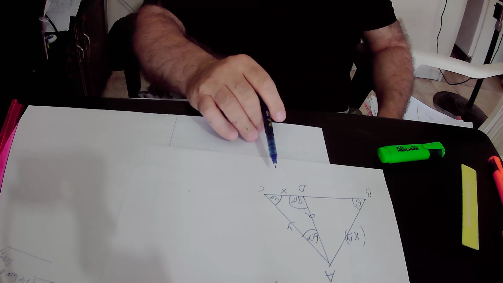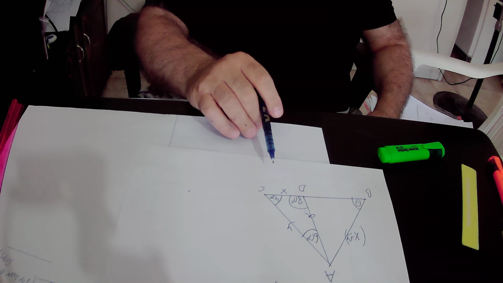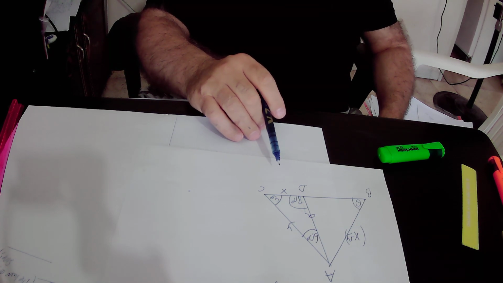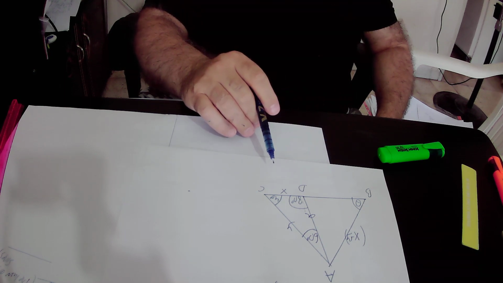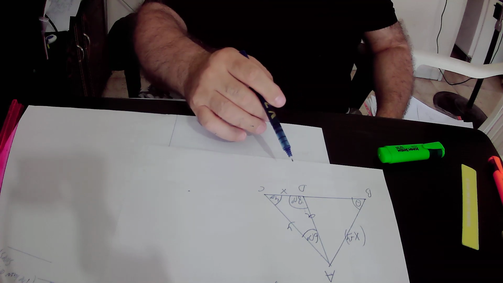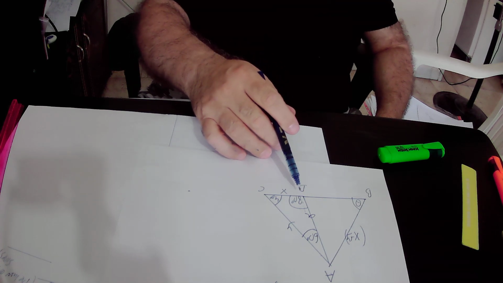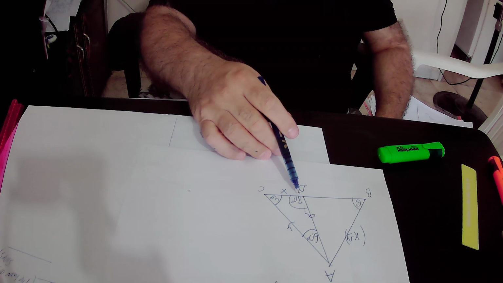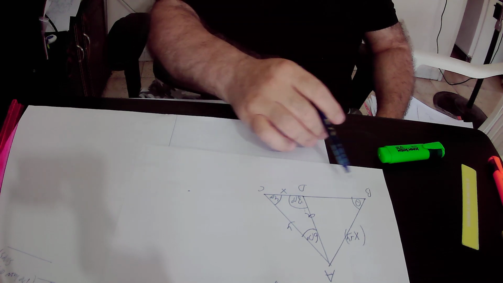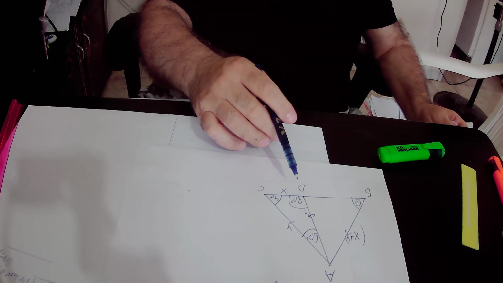So BC is a side of a triangle, it is absolutely a straight line. BC is a straight line, and if we focus on the upper side of the straight line BC at point D, we know that the sum of the angles on the upper side of the straight line BC at point D must be equal to 180 degrees.